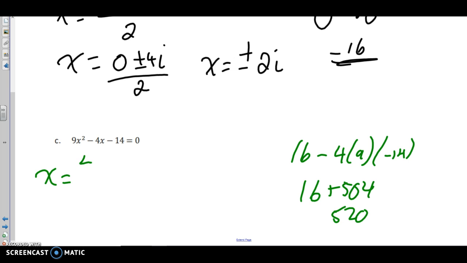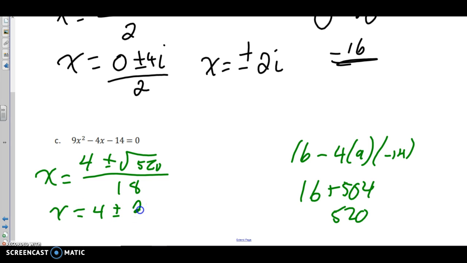Negative b is positive 4 plus or minus the square root of 520, all over 2a, which is 18. 520 simplifies down to 2 radical 130 all over 18.